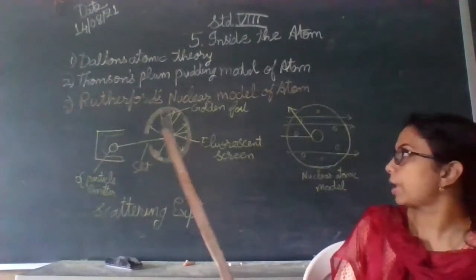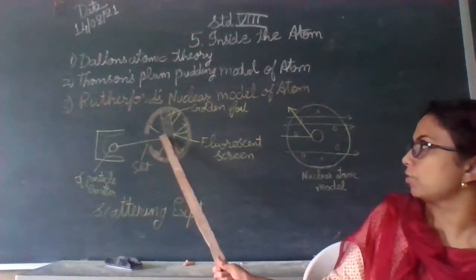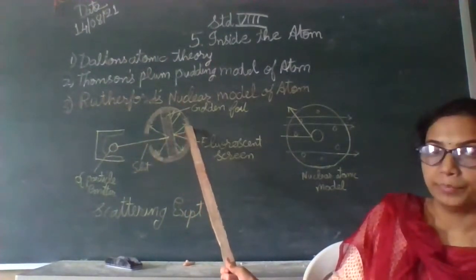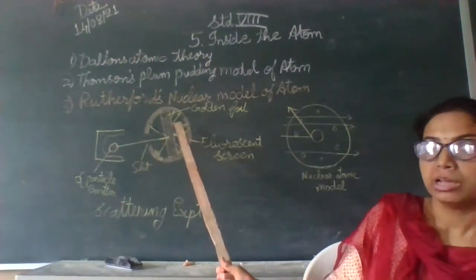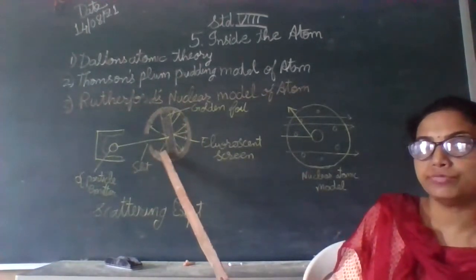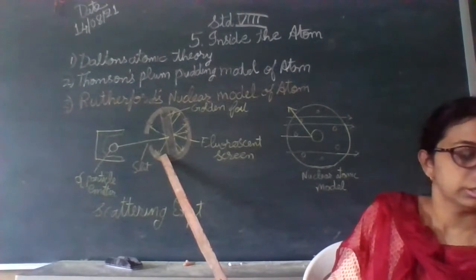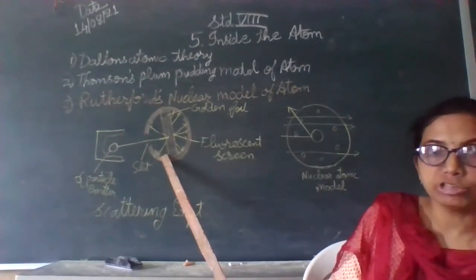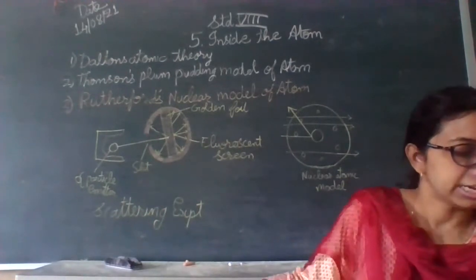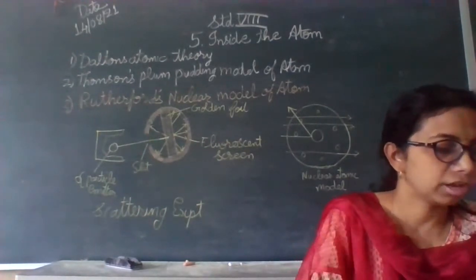What was the original path? It is coming straight from the alpha particle emitter. It should have gone straight. So very few went there. Some got scattered in some other direction, and very few got reflected back. They bounced back on the fluorescent screen.